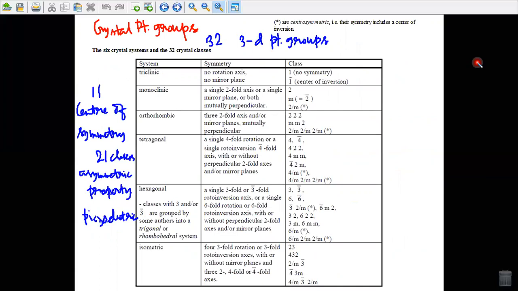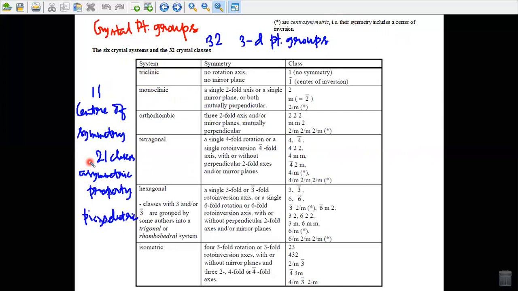There are a total of 32 different symmetry point groups, 21 of which do not possess a center of symmetry. The asterisk in this table marks centrosymmetric crystals, whose symmetry includes the center of inversion. In the case of piezo, pyro, and ferroelectricity, out of the 32 crystal point groups, these 21 do not possess a center of symmetry.